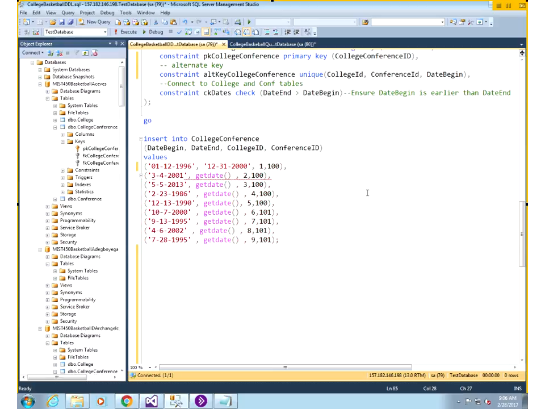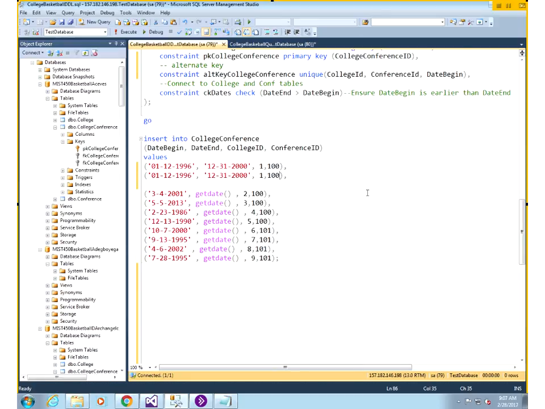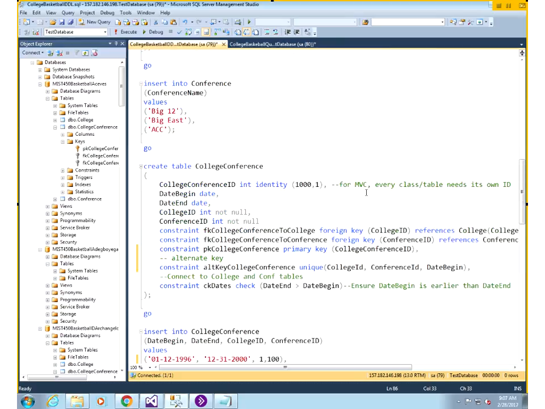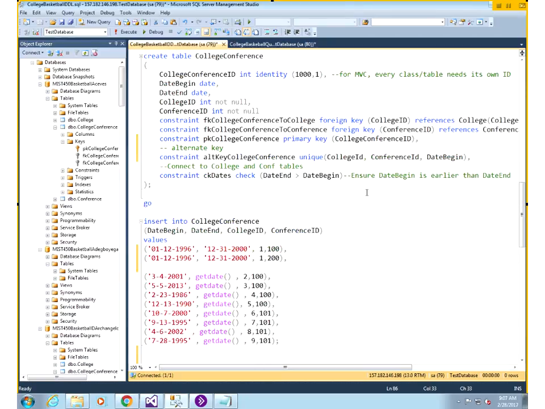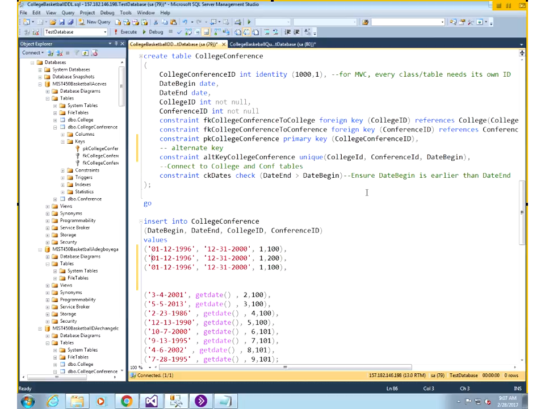I'll have to put the dates in single quotes. So WVU leaves the conference, goes into the, well, I guess Big East, and then I'll put them back in the Big 12.